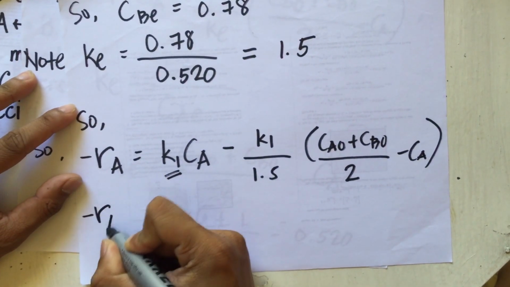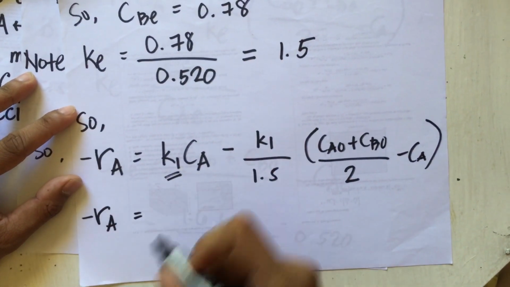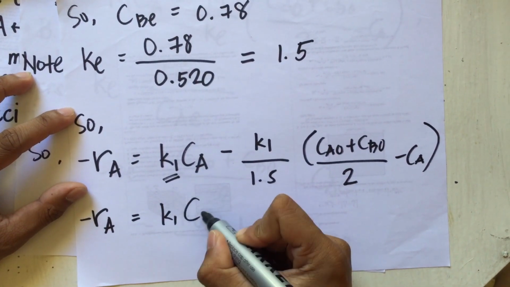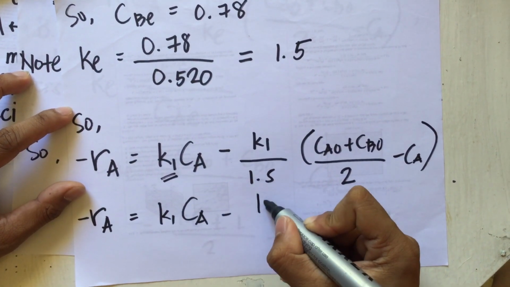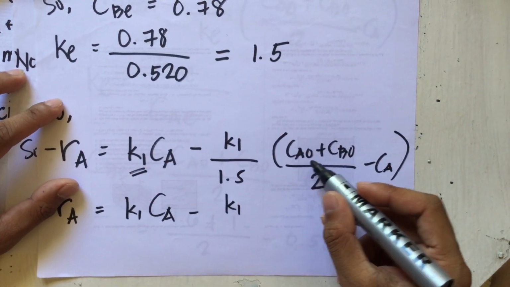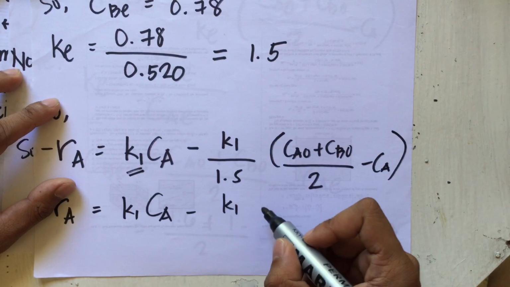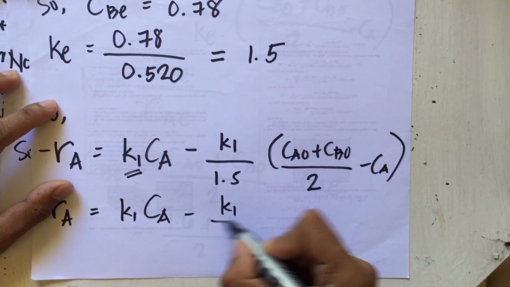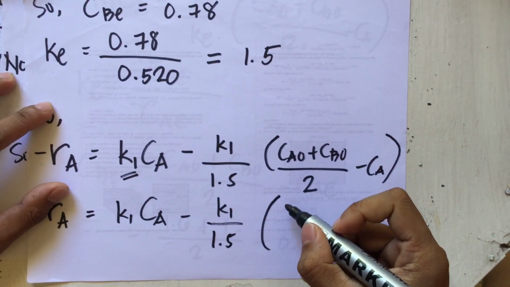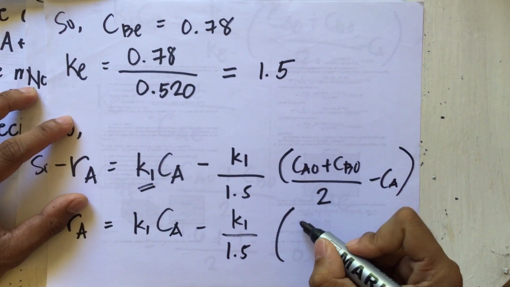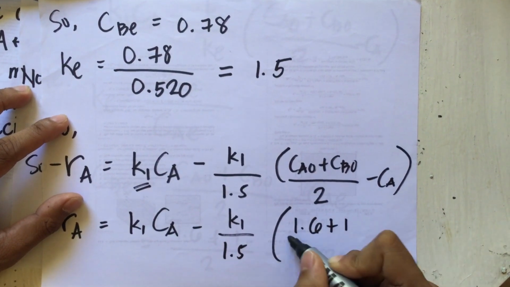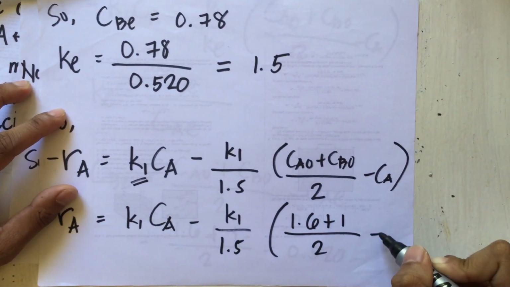We have RA is equal to K1 CA minus K1 over 1.5, and we substitute the given for CAO and CBO. CAO is 1.6. CBO is 1 divided by 2 CA.